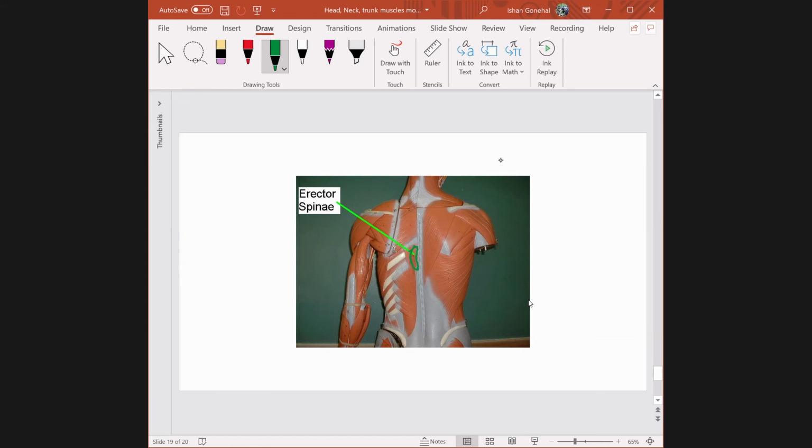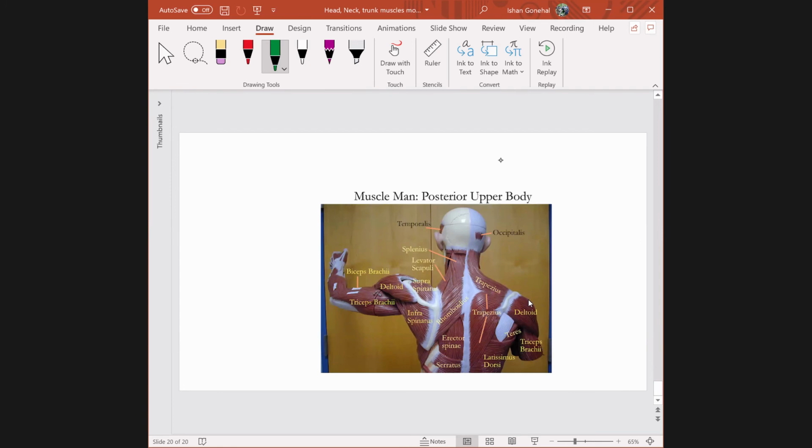These are a group of long muscles, as I showed you in the before ones, and they extend vertically, all the way here in a different orientation. And as the name suggests, they're used to move the vertebral column, basically the spinal column.